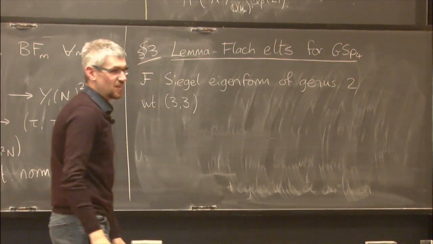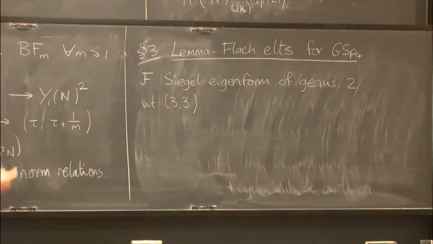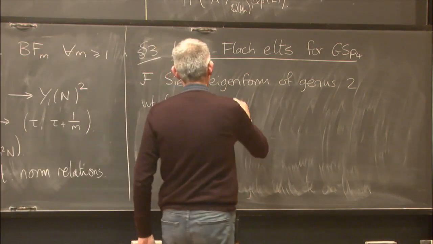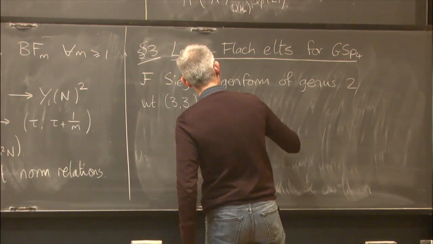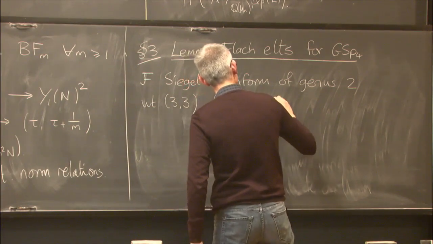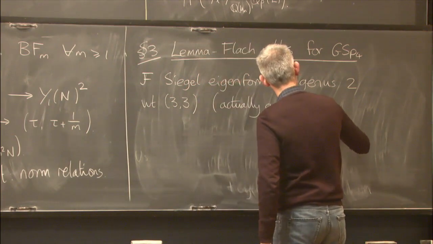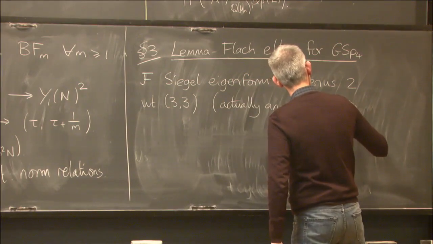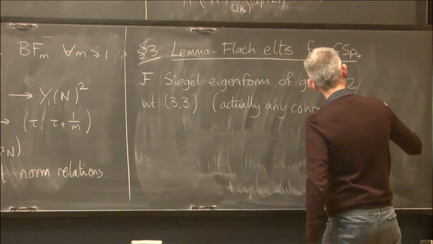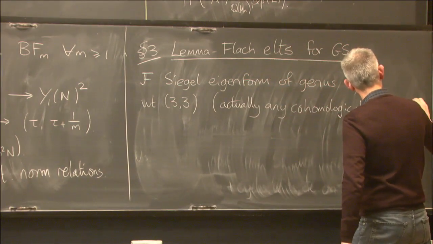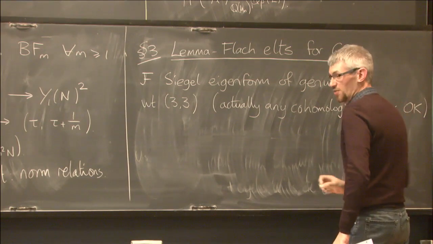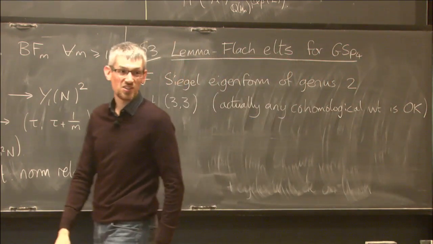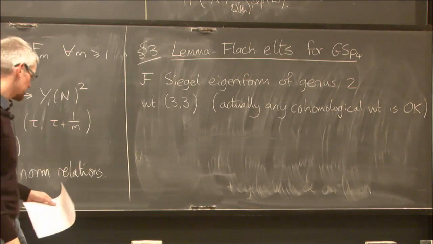Just for simplicity, I'm going to take the weight to be the smallest cohomological weight, so weight (3,3), but actually any cohomological weight is OK, but I just want to describe it in the simplest case.